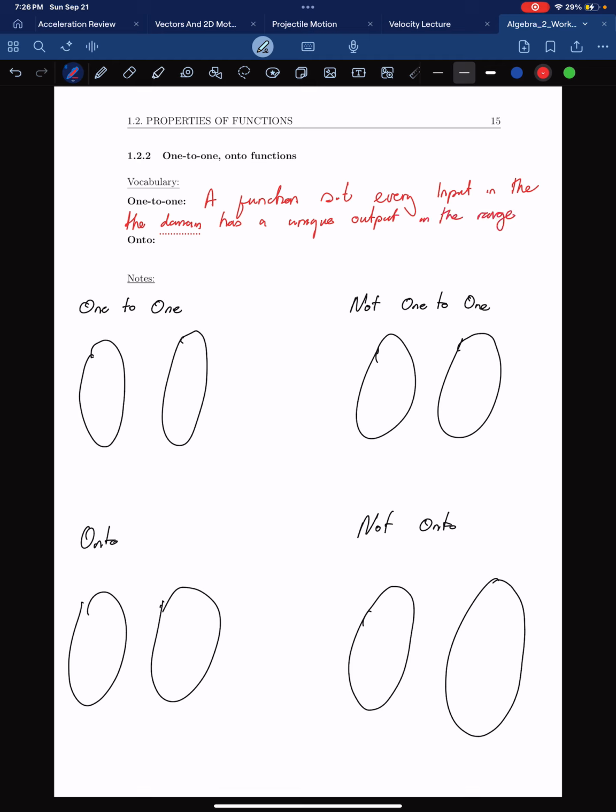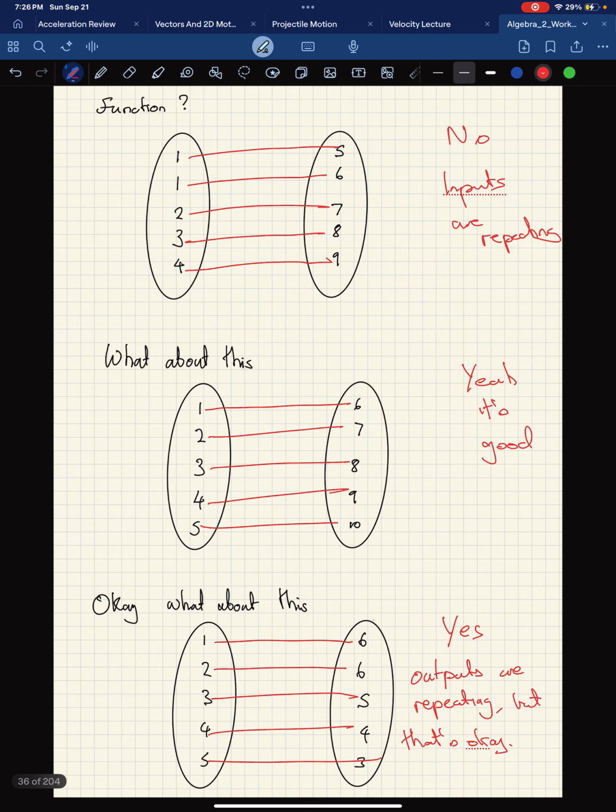And this is the big part: and vice versa. You remember in this example here, we have a repeating output. So this wouldn't be a one-to-one function because it's a function, but it will not be one-to-one, because the outputs are repeating.